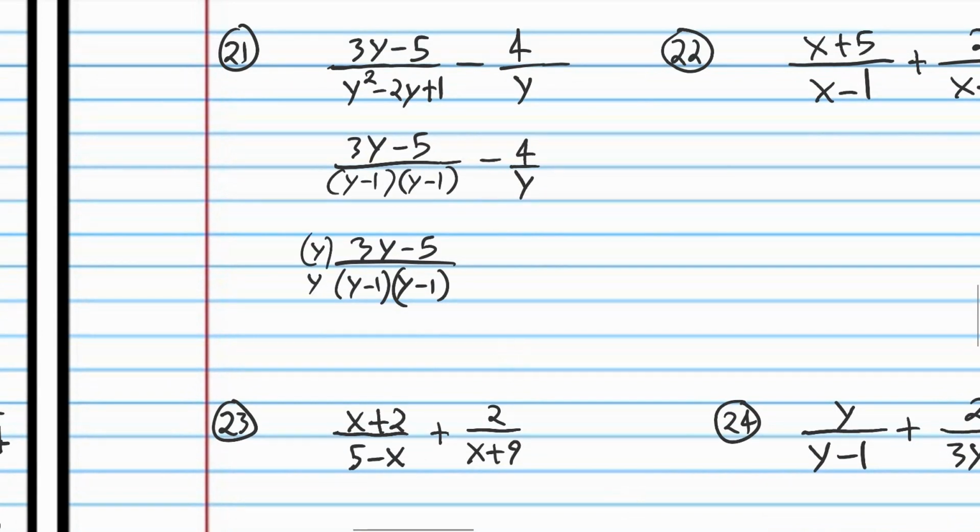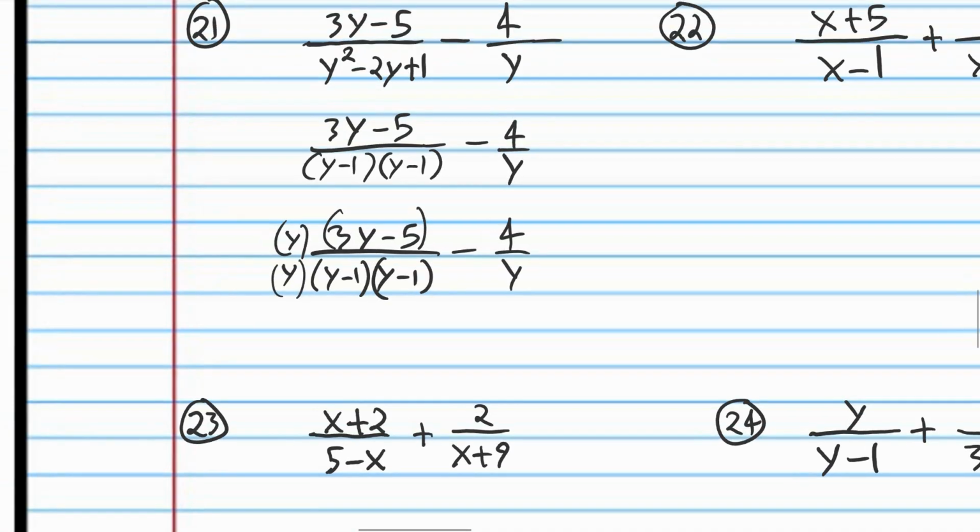And you must put this in parentheses here because you're multiplying by a binomial. Just make sure to put your parentheses. That's the safe thing to do. All right, and we're going to multiply both sides of this fraction by y minus 1 times y minus 1.